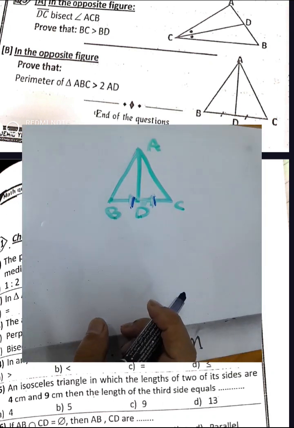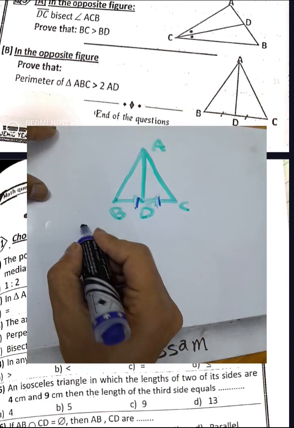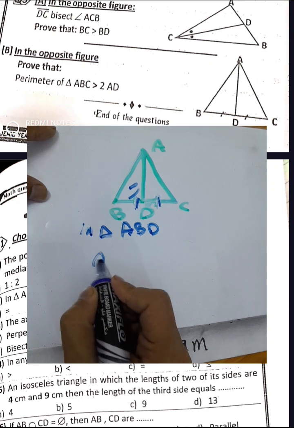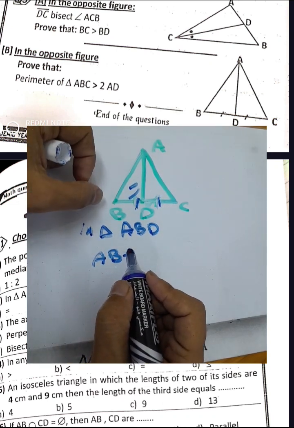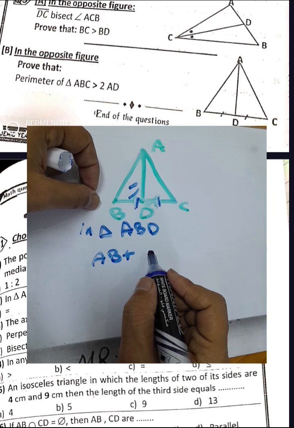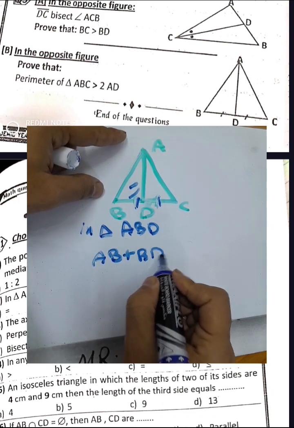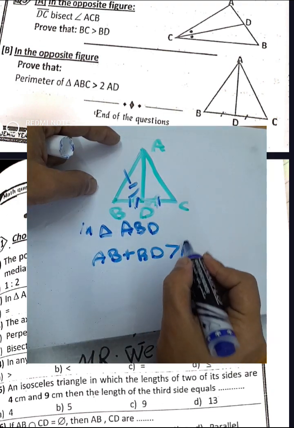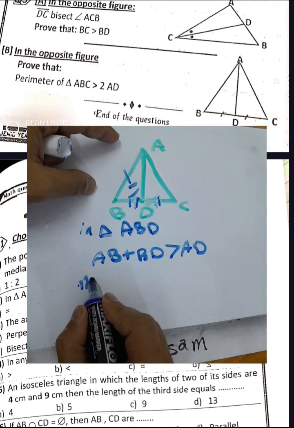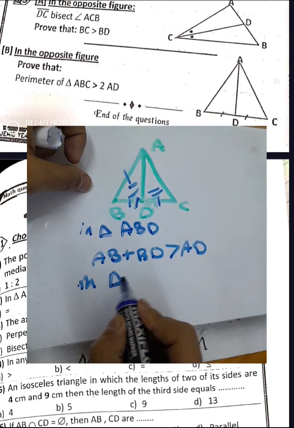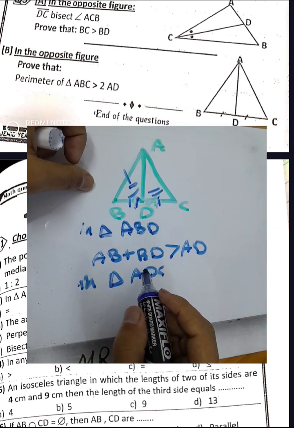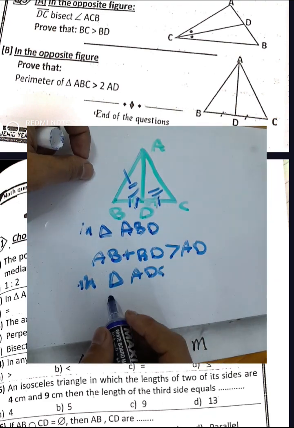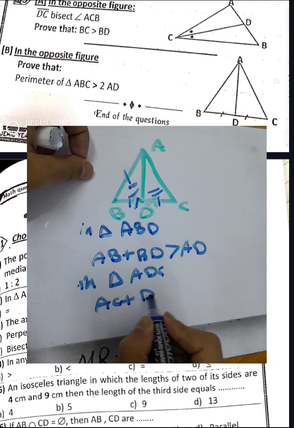Okay, first we can write a relation in triangle ABD, this triangle. We have the sum of any two sides in any triangle will be greater than the third. It's equality about in triangle AB plus BD will be greater than AD, and in triangle here ADC, sum of AC plus DC greater than the third, AD.